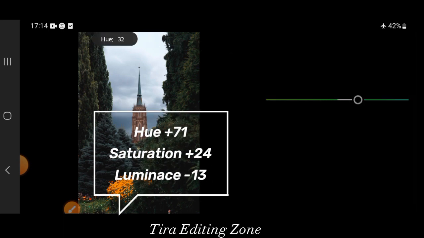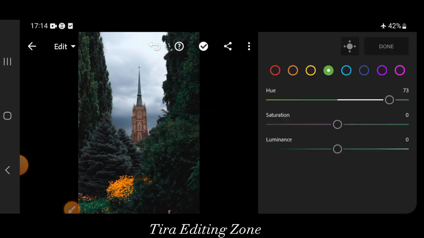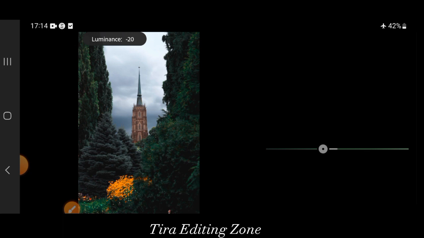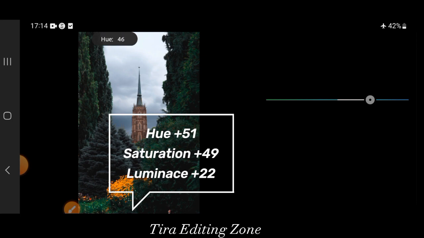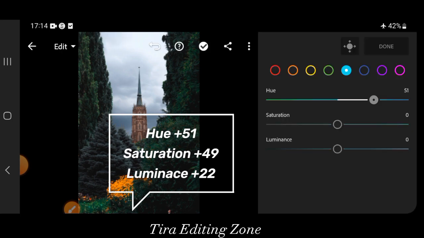Hue plus 71, saturation plus 2, luminance 1/3. Plus 51 saturation, plus 49 luminance 2/2.